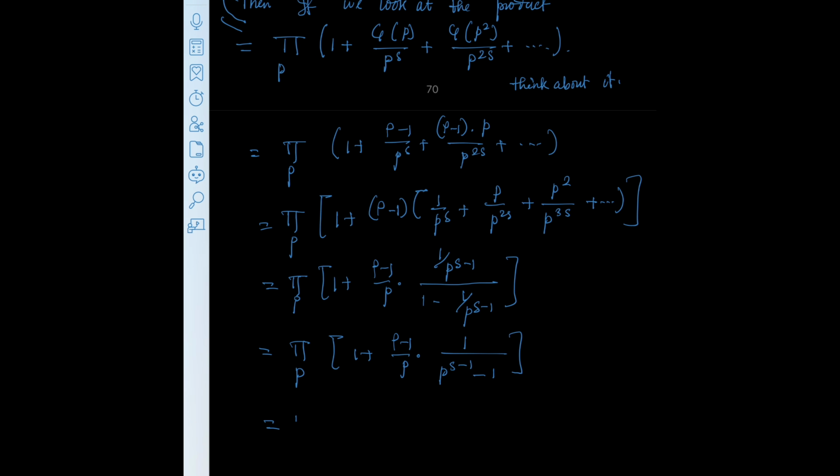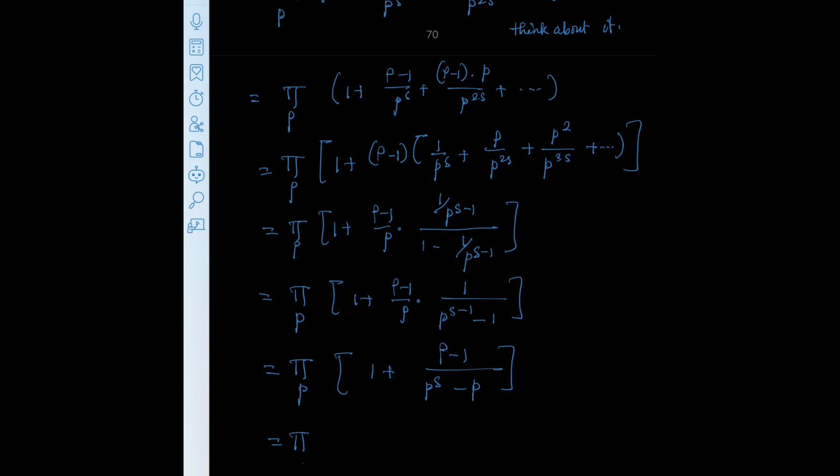Now by doing some algebra, we have the product over p of 1 plus p minus 1 divided by p to the power s minus p.